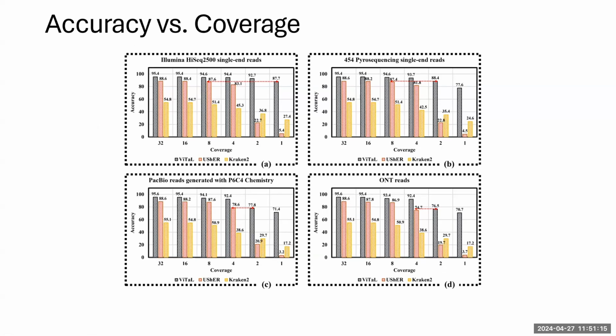And we tested our design after we trained the networks, and the black line is the performance of ViTAL, our algorithm. We got that even, let's say for the Illumina high-throughput sequencing simulator, at 1x coverage level, it performed almost as well as Usher at 8 times coverage.